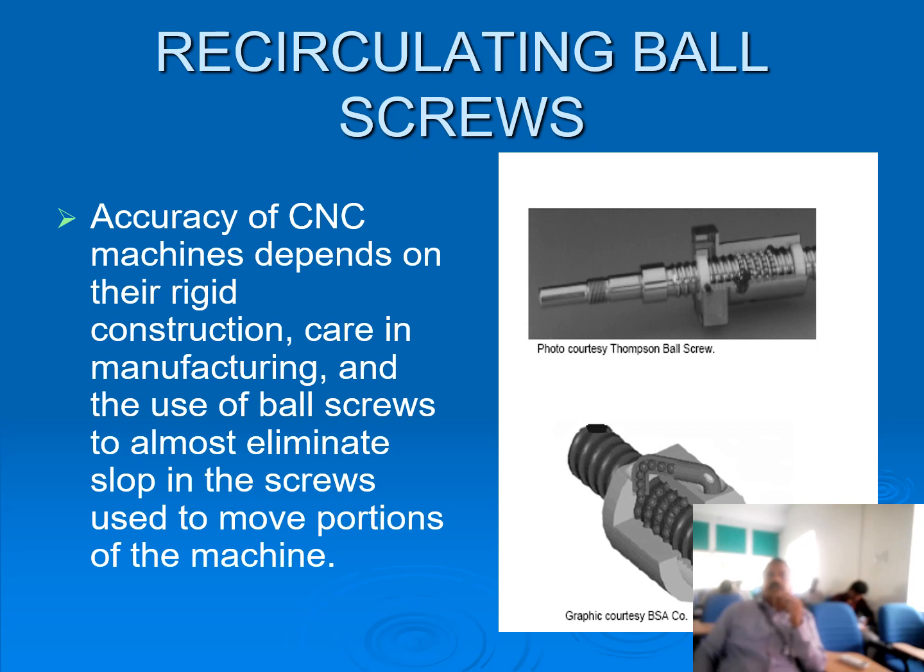Here you can see the photographic view of the ball screws. Accuracy of CNC machines depends on their rigid construction, care in manufacturing, and the use of ball screws to almost eliminate backlash in the screws used to move portions of the machine.